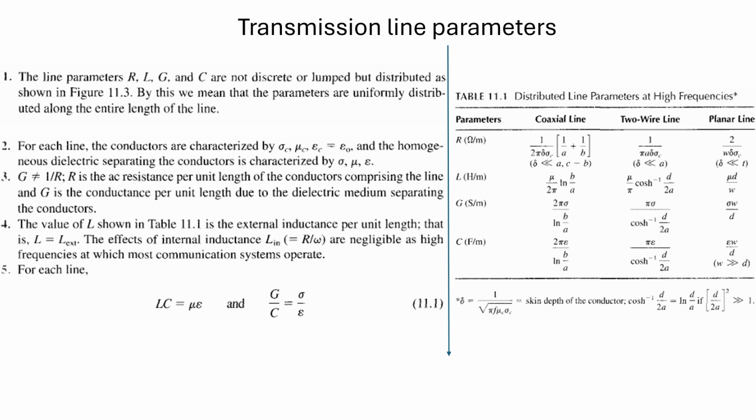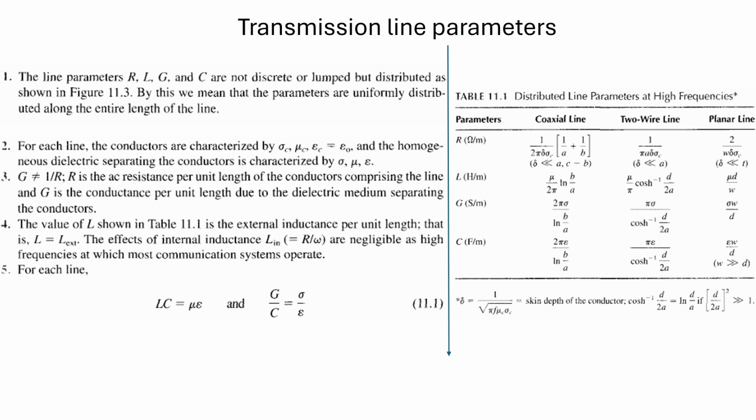So let's describe all these parameters. For each line, the conductors are characterized by mu, sigma, and epsilon, with a homogeneous dielectric separating the conductors. One of the conditions is LC equals mu epsilon, or G by C equals sigma by epsilon. These are the basic things that you should remember.